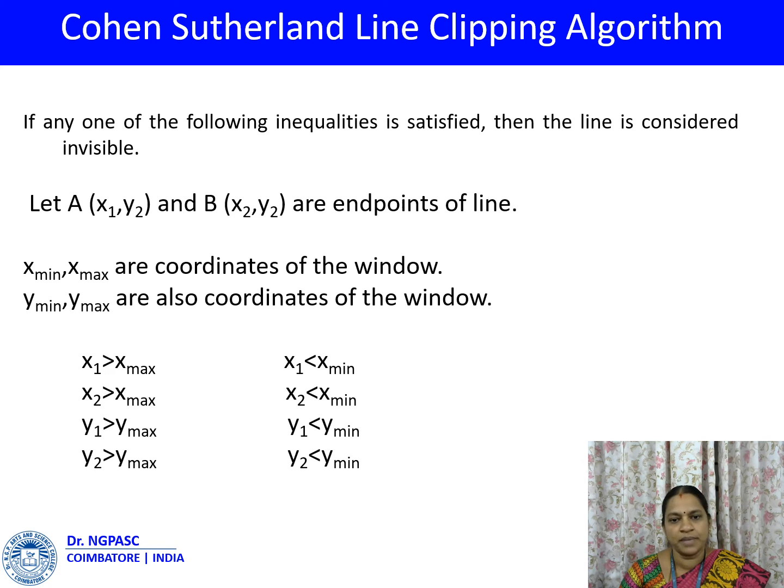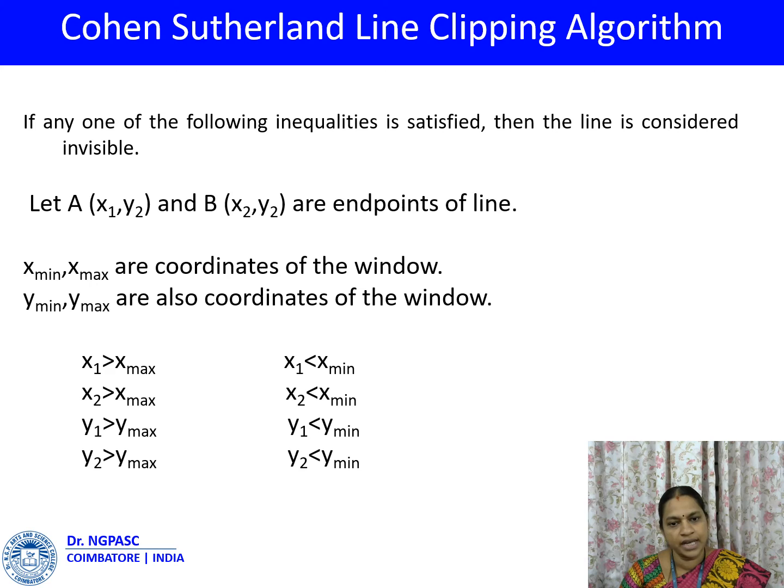And ymin and ymax are also the coordinates of the window. So we have to check whether (x1, y1) and (x2, y2) lie inside the window or outside the window. If x1 is greater than xmax, obviously it lies outside the window, because the point should lie between the minimum and maximum values of the boundary.